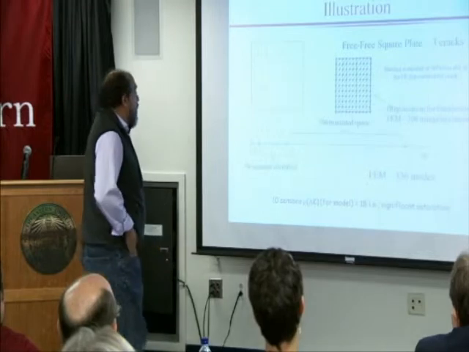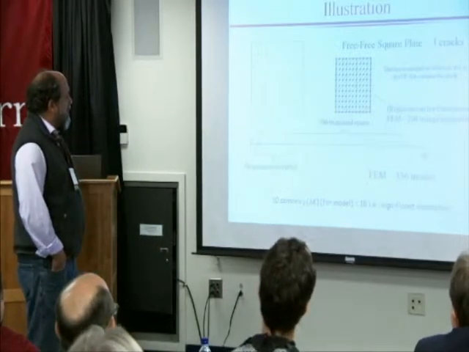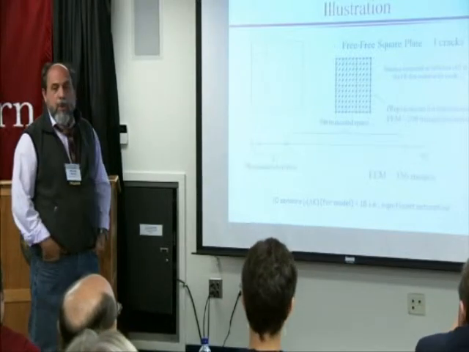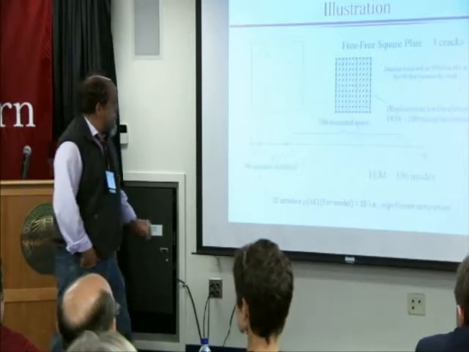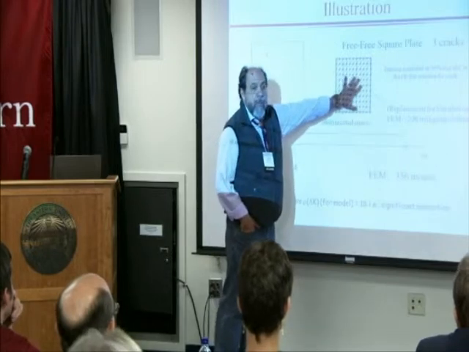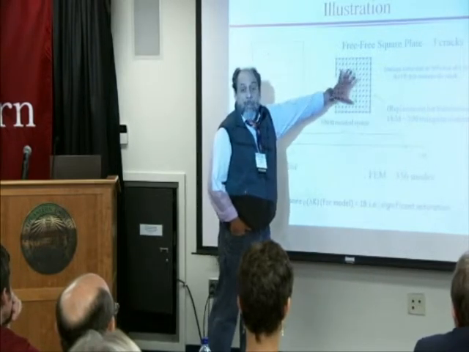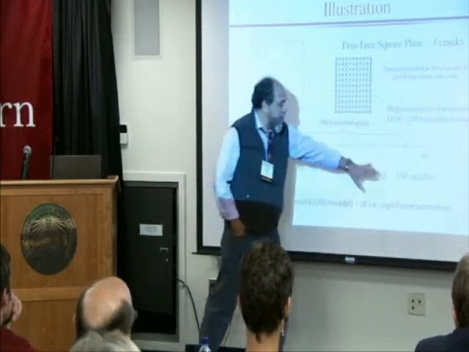This is a plate with 3 cracks. The number of sensors is small, so that when you do the theory, it tells you there is no hole. You cannot find loads that will bypass the 3 cracks simultaneously. The plate is now replaced by this finite element mesh. So no longer am I talking about the real plate, I'm talking about this finite element mesh, which happens to have 356 nodes.